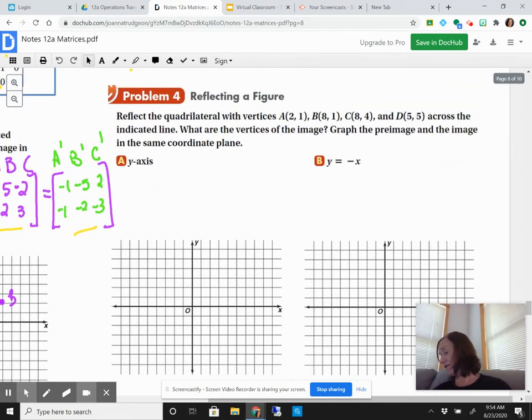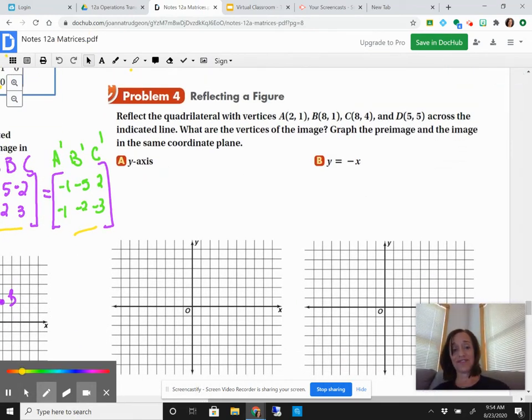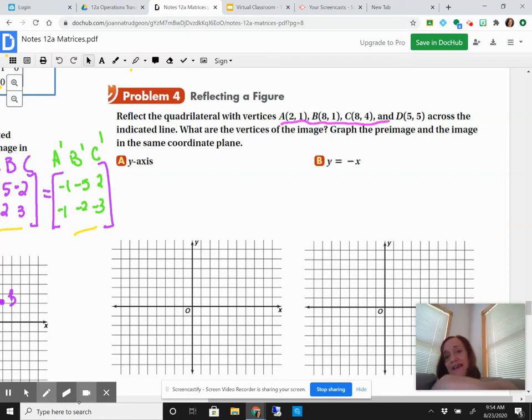Okay, so now we have a quadrilateral, and that's fun. A, B, C, and D. Let's graph the pre-image. So 2, 1, 8, 1, 8, 4, 5, 5, and you can do this too. What a fun shape, huh?